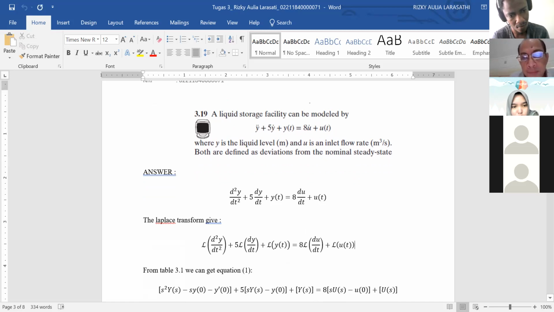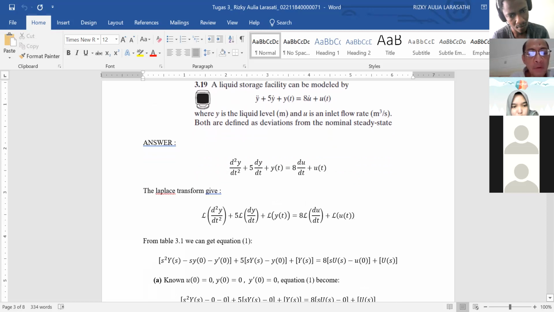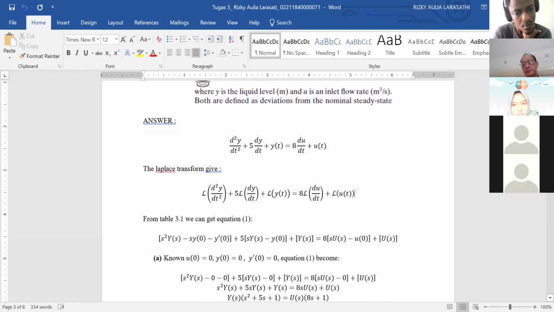From table 3.1, we can get equation 1 like this: s²Y(s) minus sy(0) minus y'(0) plus 5(sY(s) minus y(0)) plus Y(s) equals 8(sU(s) minus u(0)) plus U(s). Now u(0) equals 0, y(0) equals 0, y'(0) equals 0.